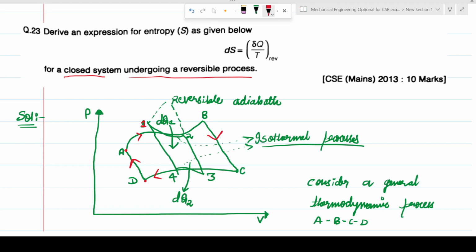So we are assuming here that this whole cycle is also made up of a cycle that is from 1 to 2, 2 to 3, 3 to 4. And in this 1 2 3 4 cycle, process 1 to 2 and process 3 to 4 are both isothermal processes, and process 1 to 4 and process 2 to 3 are reversible adiabatic processes.